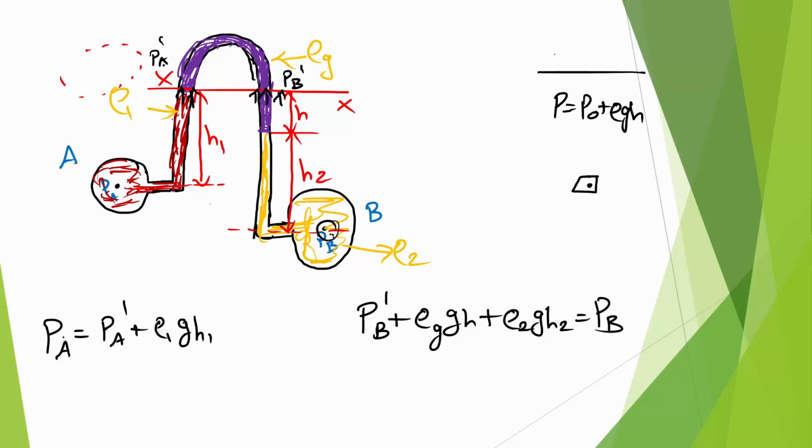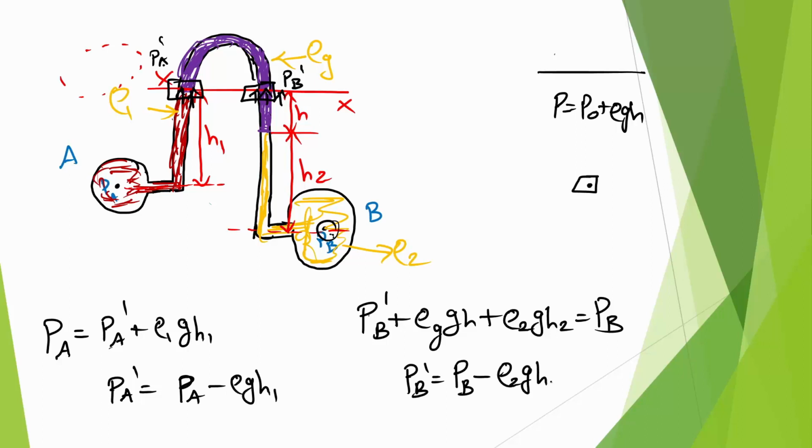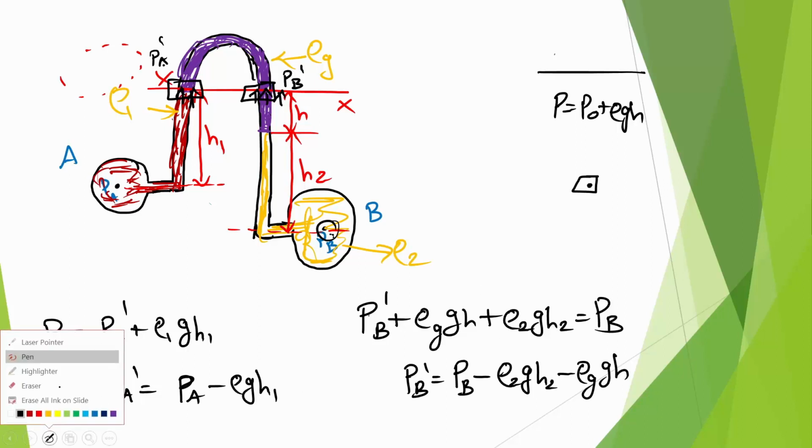So now my PA dash is equal to PB dash, as I have stated, this is the point where the pressures are equal. So I have to rearrange this as PA dash is equal to PA minus rho 1 g H1. My PB dash is equal to PB minus rho 2 g H2 minus rho g H. Technically I just have to take negative signs instead of positive signs.